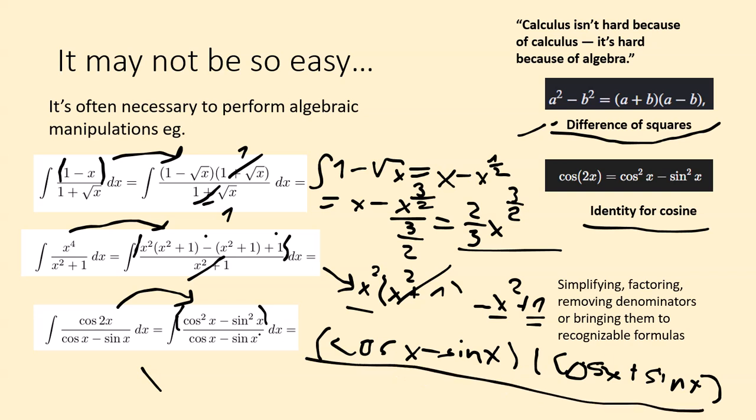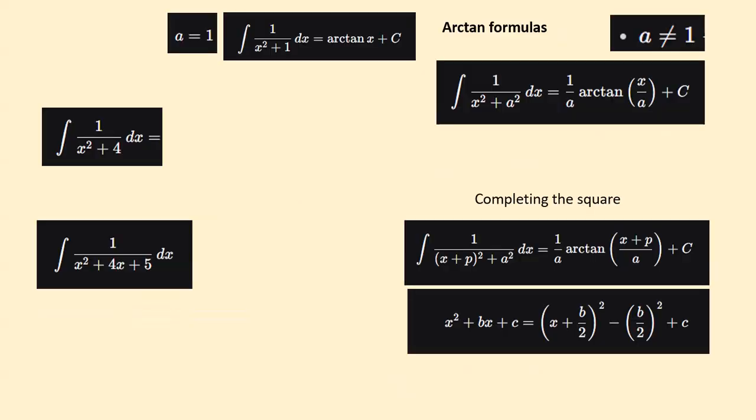And in the denominator you write cosine x minus sine x. So you will simplify this part, and what you will have left is only cosine x plus sine x. So it's going to be easy to apply a direct formula from this point. So you can do it by yourself.